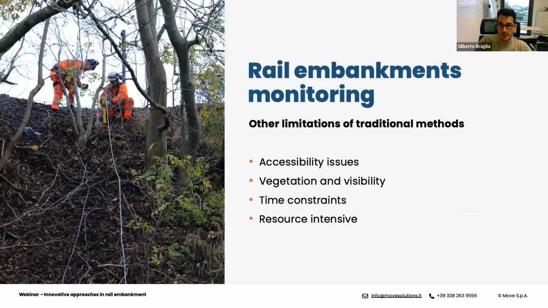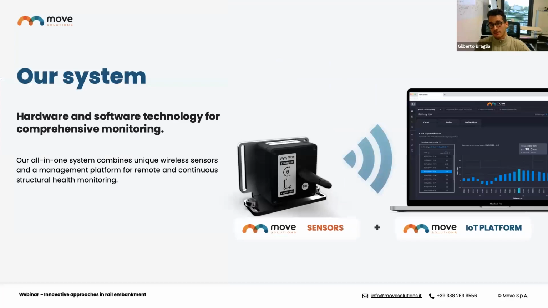What can we provide? You understand that on a railway sometimes you have some accessibility issues, because maybe it's in the woods under the rain, or railways are everywhere, right? So we developed a system that is based on very easy to install devices.